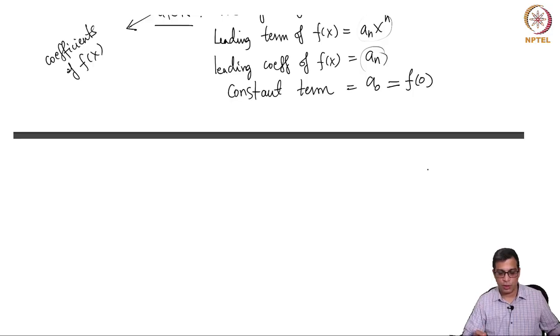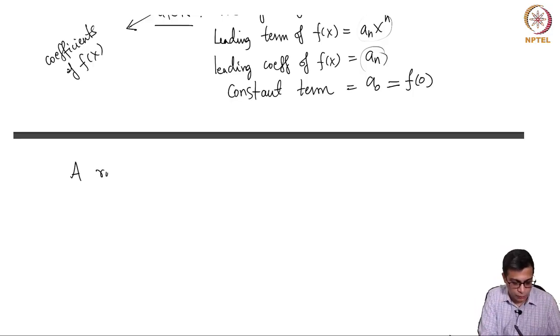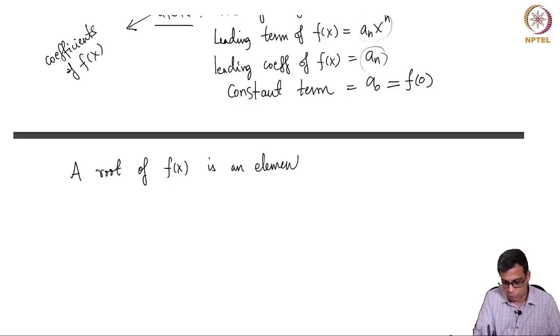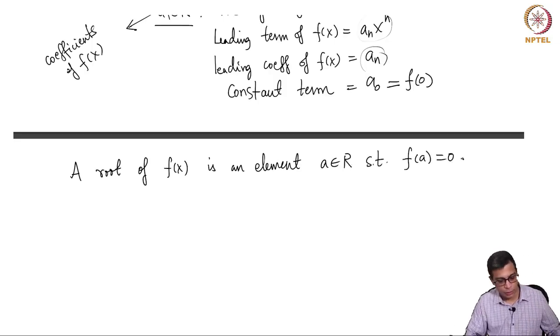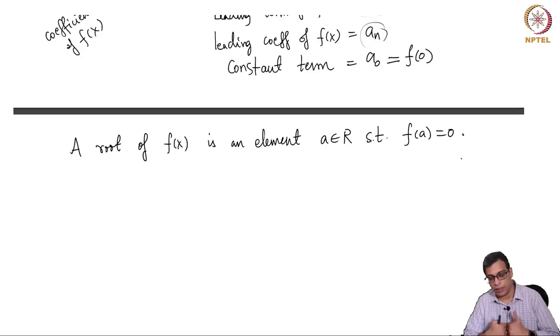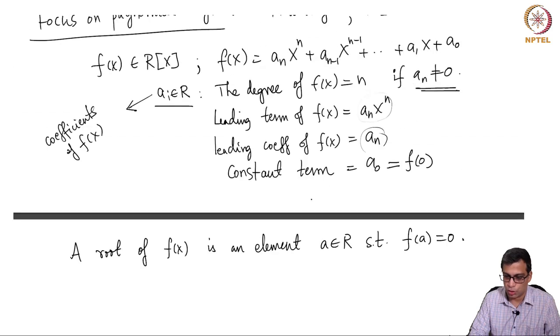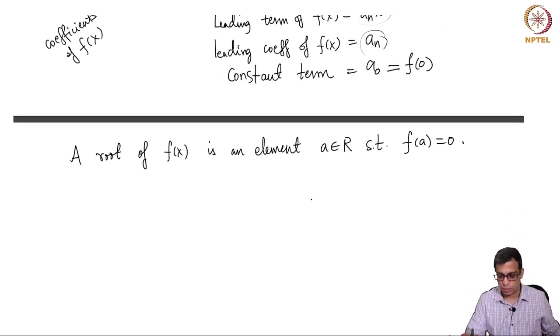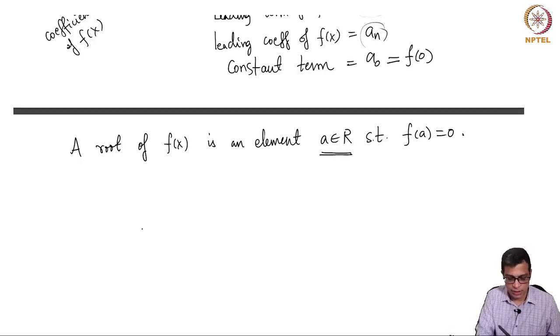Okay. So now, what is a root of such a polynomial? A root of f(x) is an element a in R such that f(a) is 0. The roots may not live in the ring R itself. Maybe there is a bigger ring which contains the roots. So a root should be thought of as some element in an extension ring of R. But for now, let's say a root is an element a in R so that f(a) is 0.